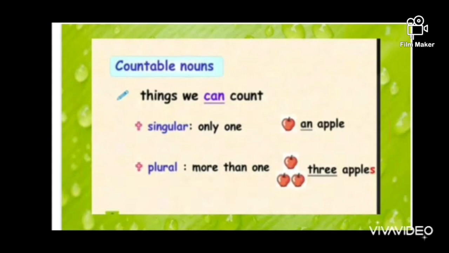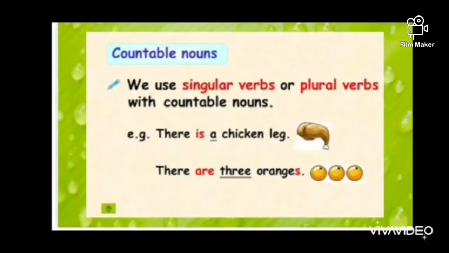For example, singular, an apple. Plural, 3 apples. So we can use a or an with singular countable nouns. We use singular verbs or plural verbs with countable nouns.